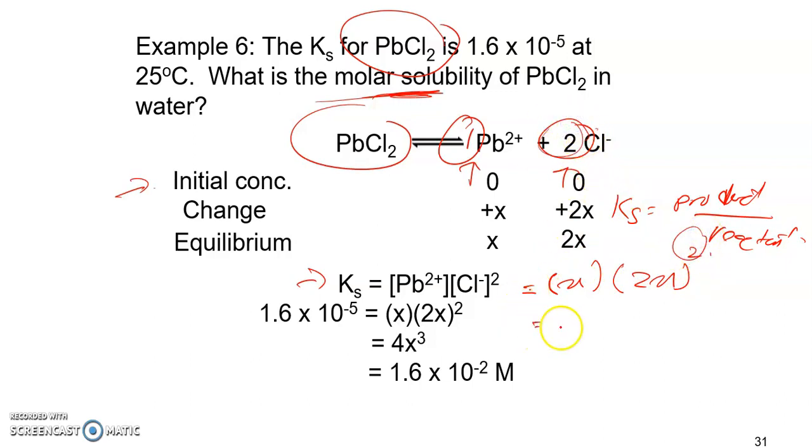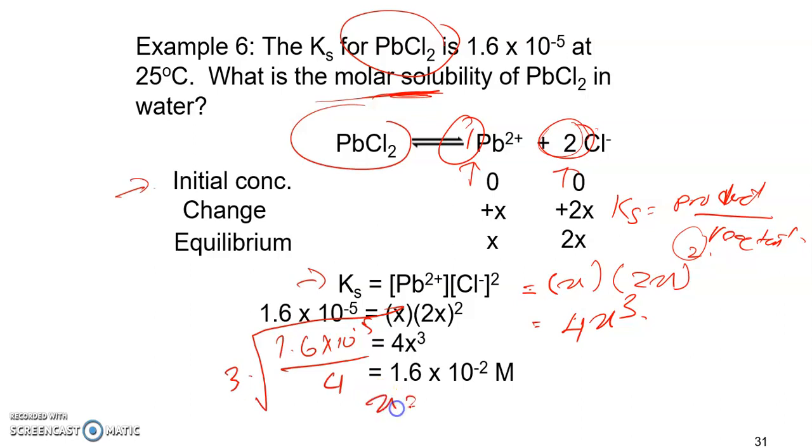Now we will have 4S to the power of 3, and when we rearrange, we divide by 4 and take the cube root. So we get S is 1.6 times 10 to the power of -2 molar. The molar solubility of PbCl2 in water is 1.6 times 10 to the power of -2 molar.